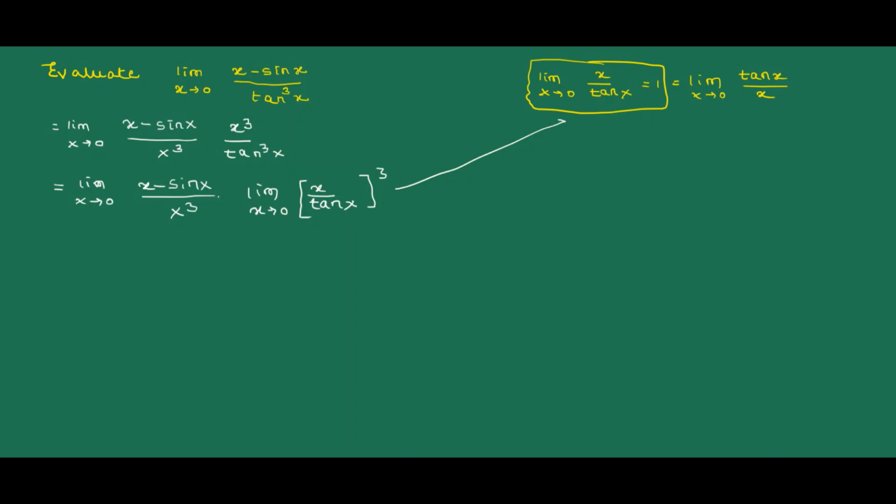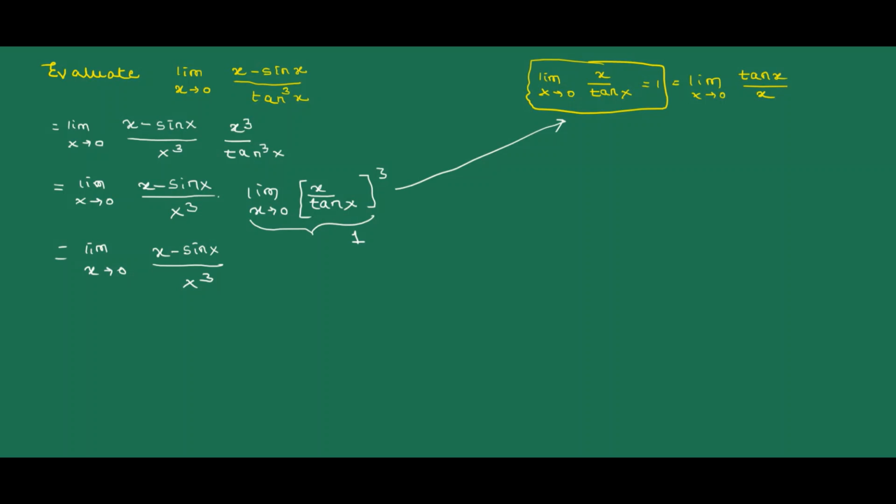Now by using this property, its value is equal to 1. So we are left with only limit x tends to 0 of (x minus sine x) divided by x cube, since this value is equal to 1.